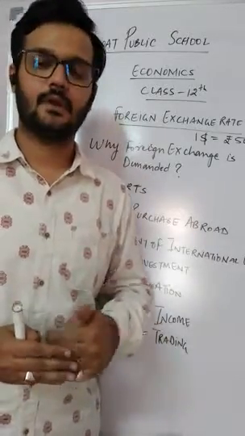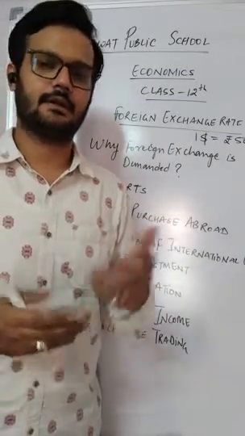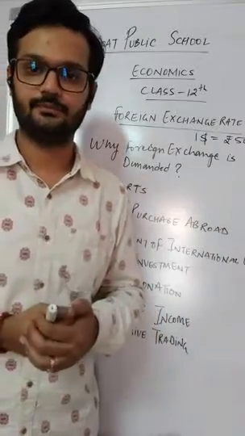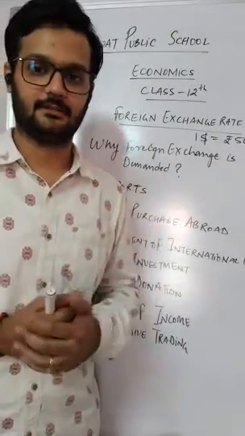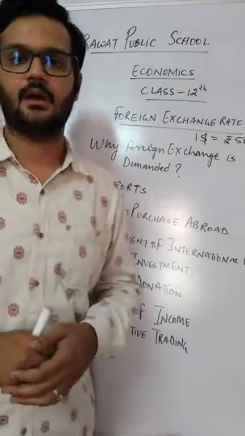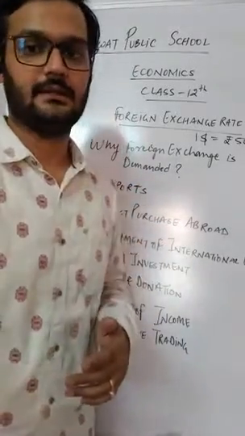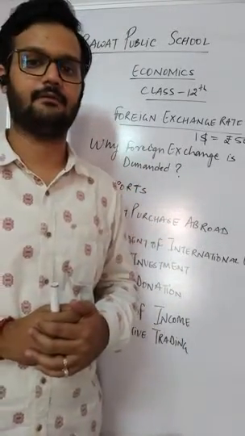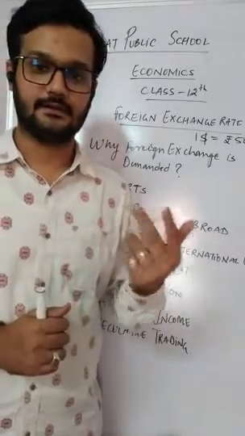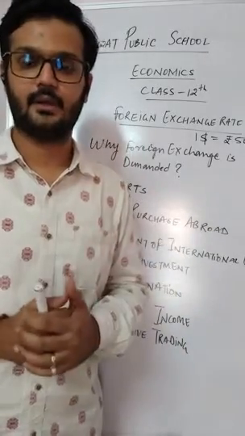But sometimes we visit that particular country. That might be for anything, that might be for tourism. We visited that place as a tourist, or for medical treatment. We might have visited that country for studies.